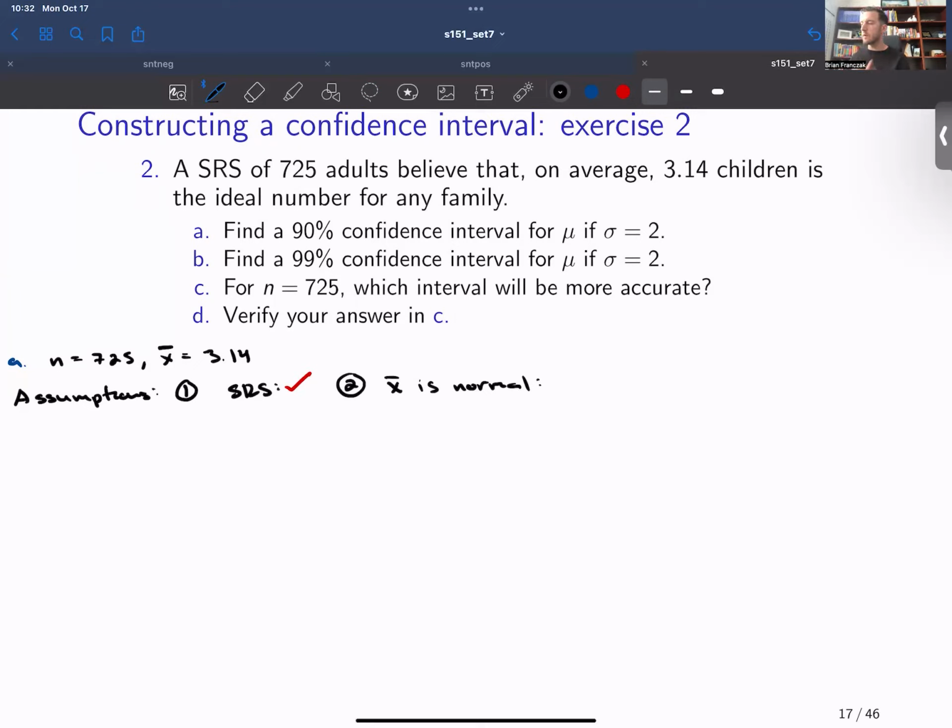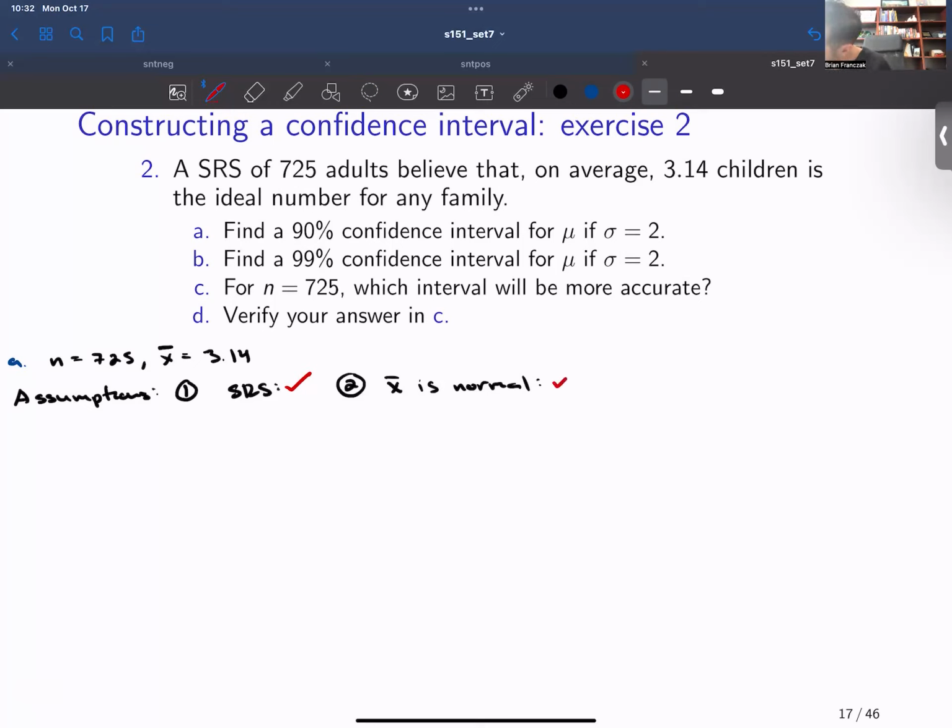Now we are not told the distribution of the ideal number of family members, which is the variable in this case. But what we do know is that the sample size is 725. Because the sample size is 725, we can assume that x bar is approximately normal because of the central limit theorem. The central limit theorem says if the sample size is greater than or equal to 30, then the sampling distribution of x bar is approximately normal.